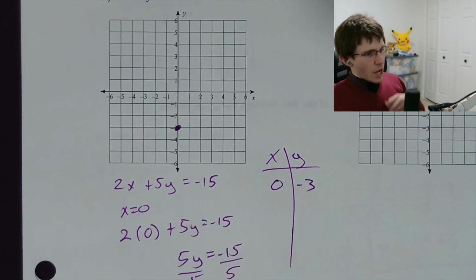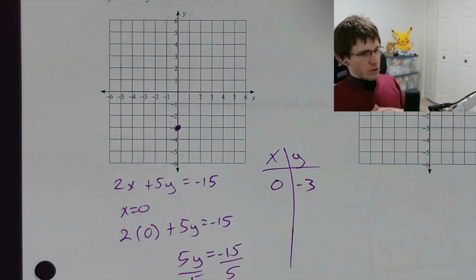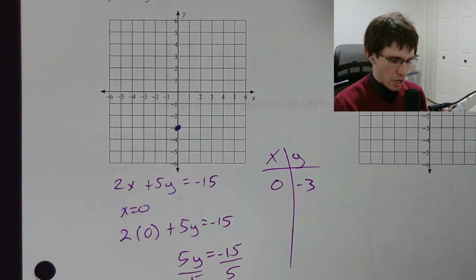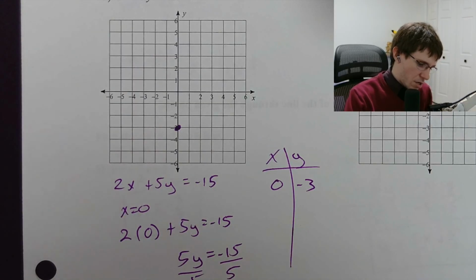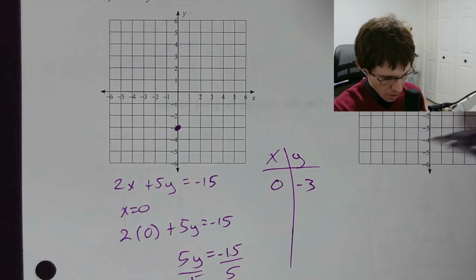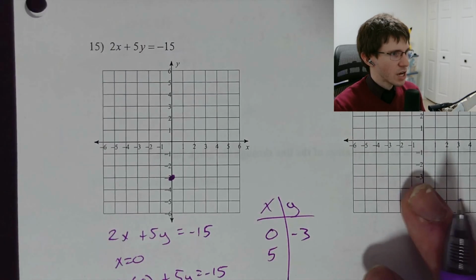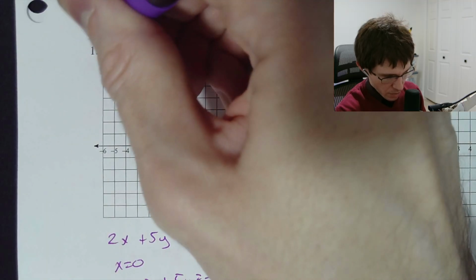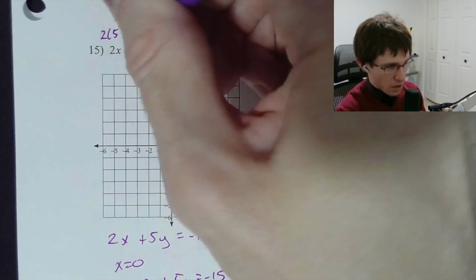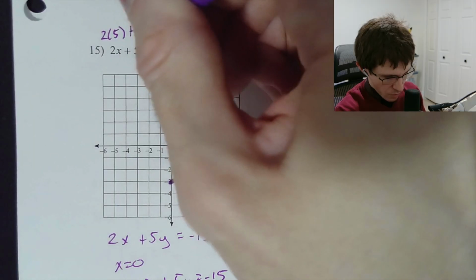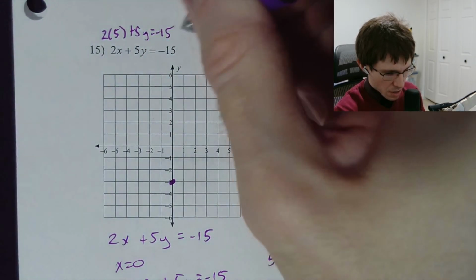There's my first dot. After that, we need to plug in different numbers for x and make them come out nice and pretty for our y value. So you could also plug in a number, say, how about 5? If you plug in 5 for x, you're going to end up with 2 times 5 plus 5y equals negative 15.